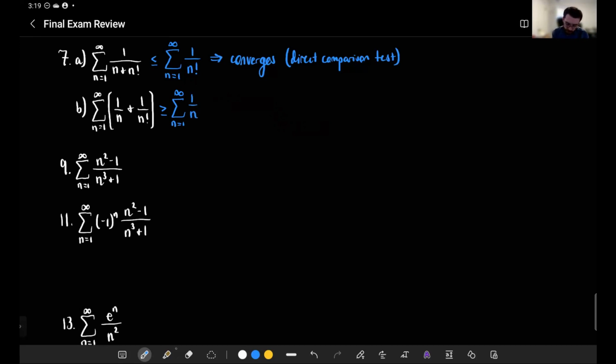Why? Well, the series on the left, this term is positive. So adding something positive makes the left bigger than the right. And we know that the harmonic series diverges, so this one diverges as well. Again, direct comparison test.